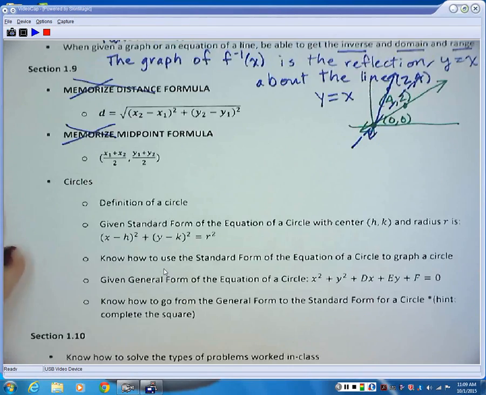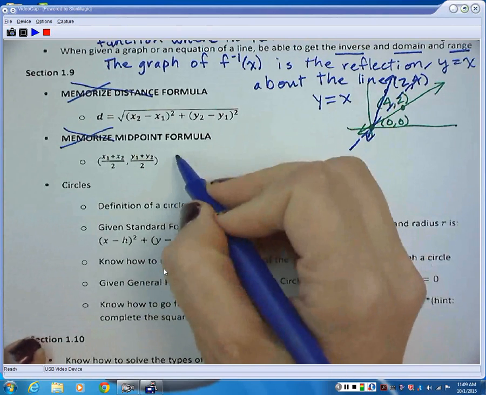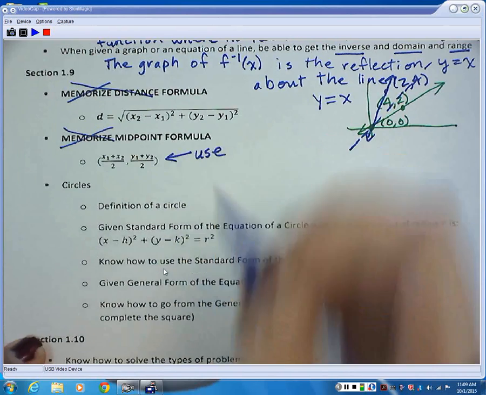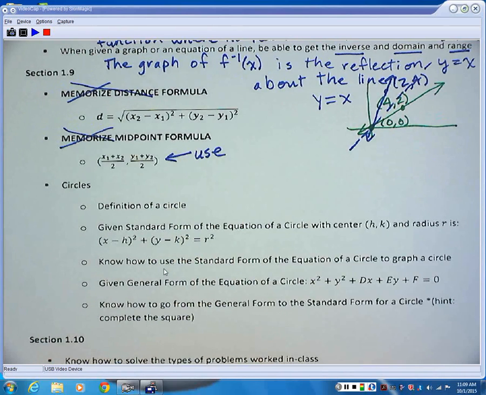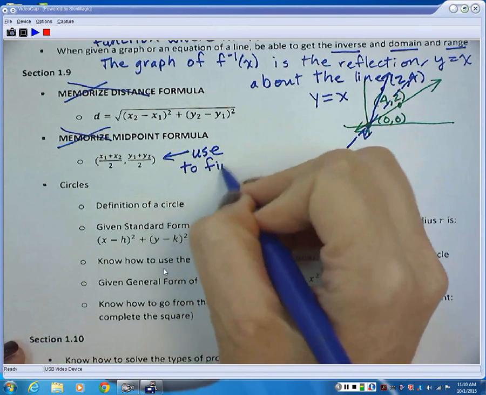So when you do the circle problems, to find the center of the circle, I expect you to use the midpoint formula. And then you can check your result by looking at the graph and see if it makes sense. But use this midpoint formula to find the center of the circle.